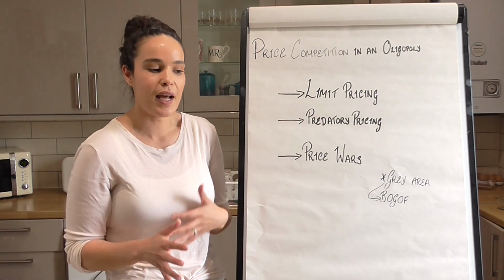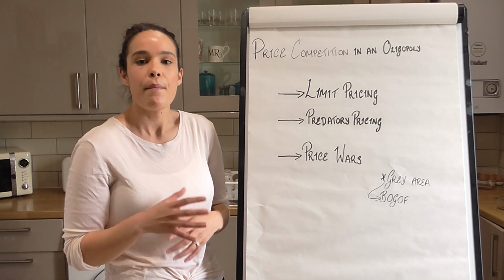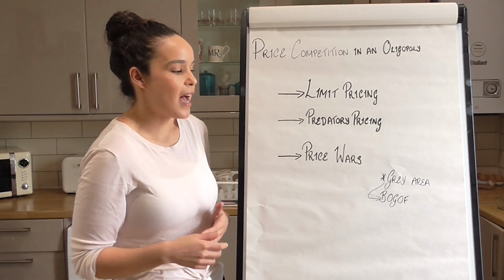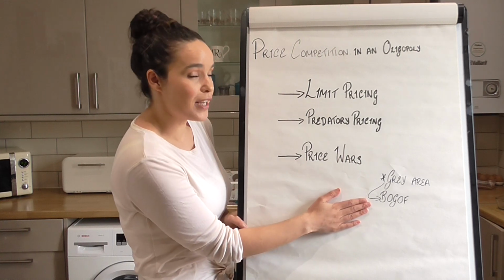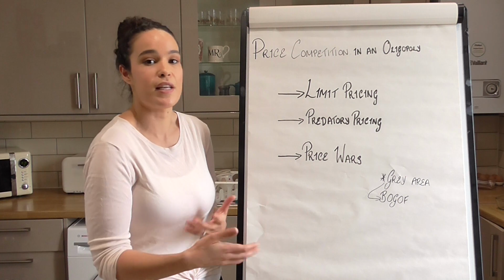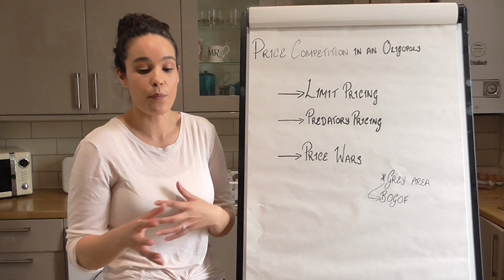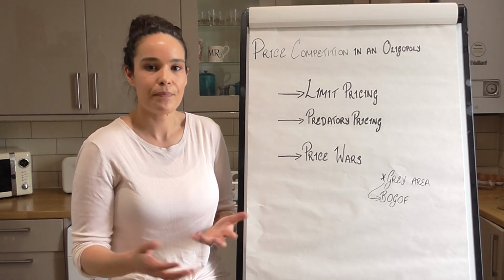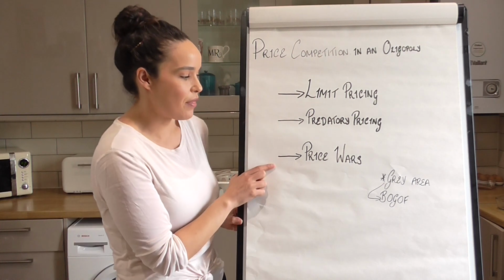I think it was 2018 in paper 1, section B. In the mark scheme, you'll see that the exam board allows you to use buy one get one free, and also loyalty schemes that reduce the price over time, like a free coffee after you've bought 10, as either price or non-price competition. So depending on how you sell it, you can have that as either.